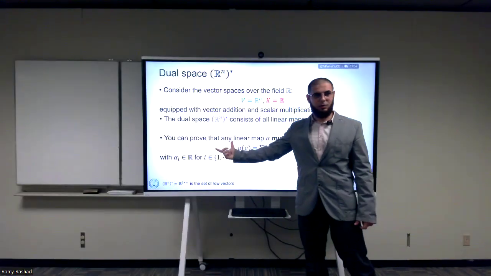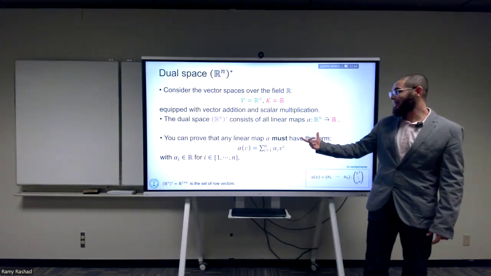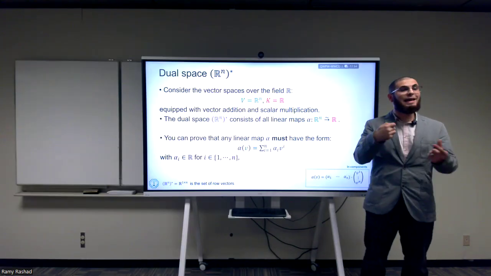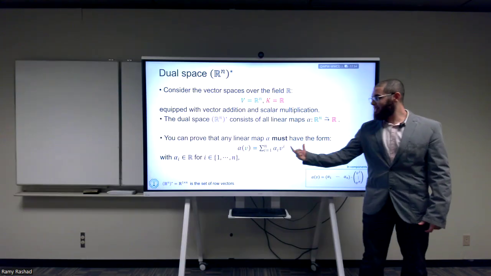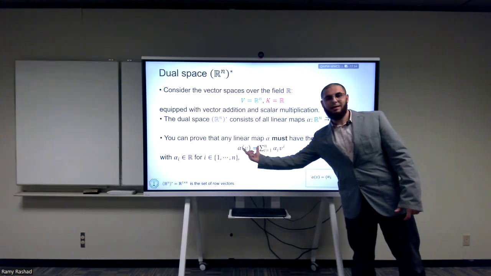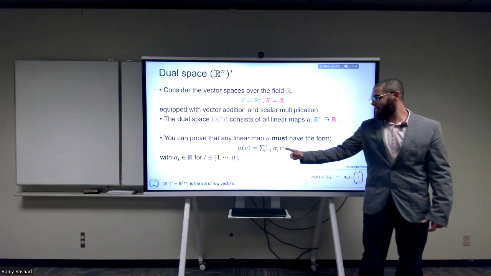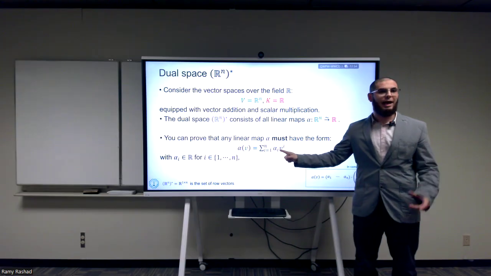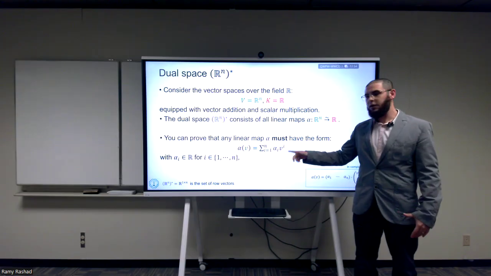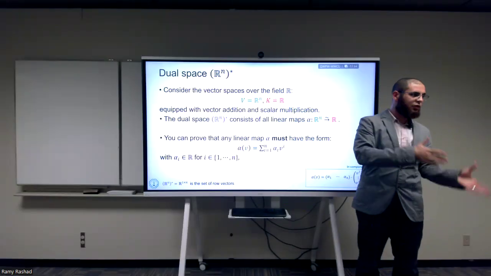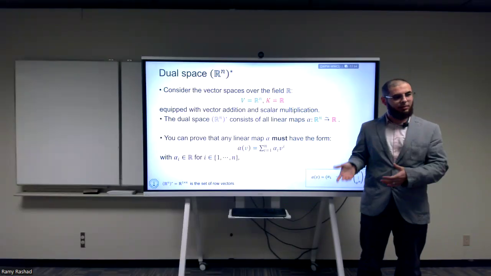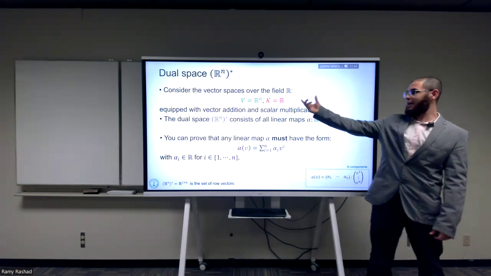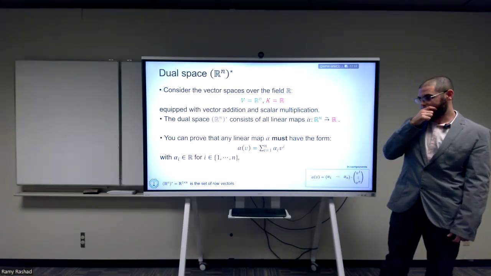You can prove, and this is something hopefully we're going to do today, that any linear map must have the form like this. When I give it any vector, the number that I get in the end should be written as the summation of one number, we're going to call it alpha 1, multiplied by v1, plus alpha 2 multiplied by v2, alpha 3 multiplied by v3, and so on and so forth, up until n, where n is the dimension of V in this case, because it's Rn.